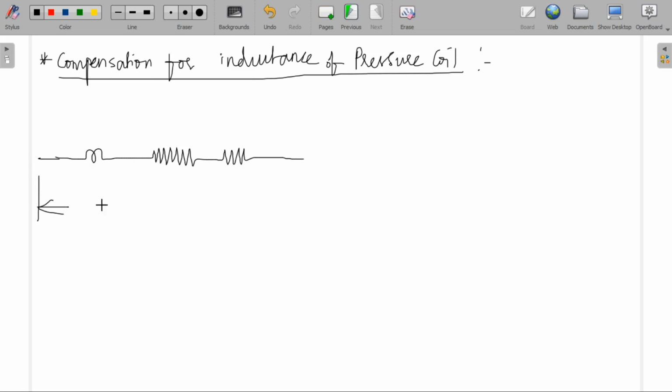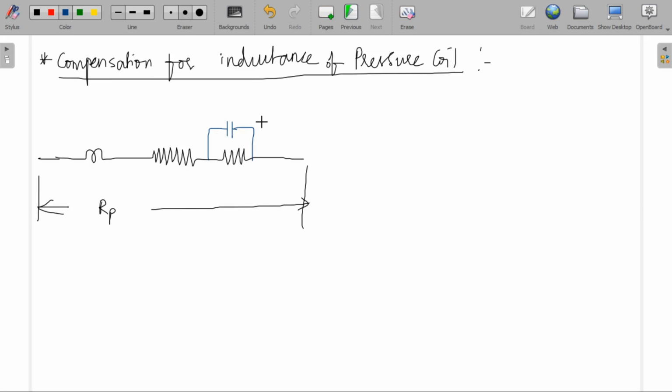Let Rp be the total resistance of the pressure coil circuit. In order to compensate the inductance of the pressure coil circuit, we place a capacitor across some portion of the series resistance. This is the series resistance R.